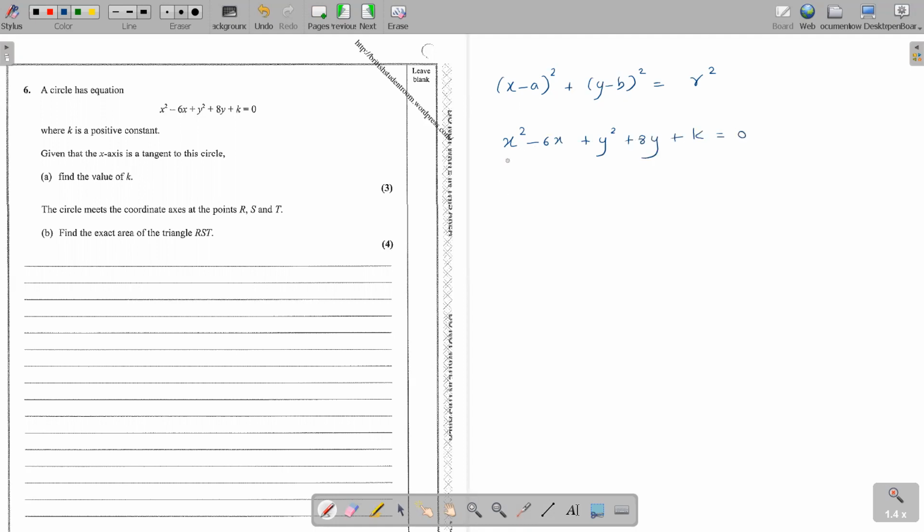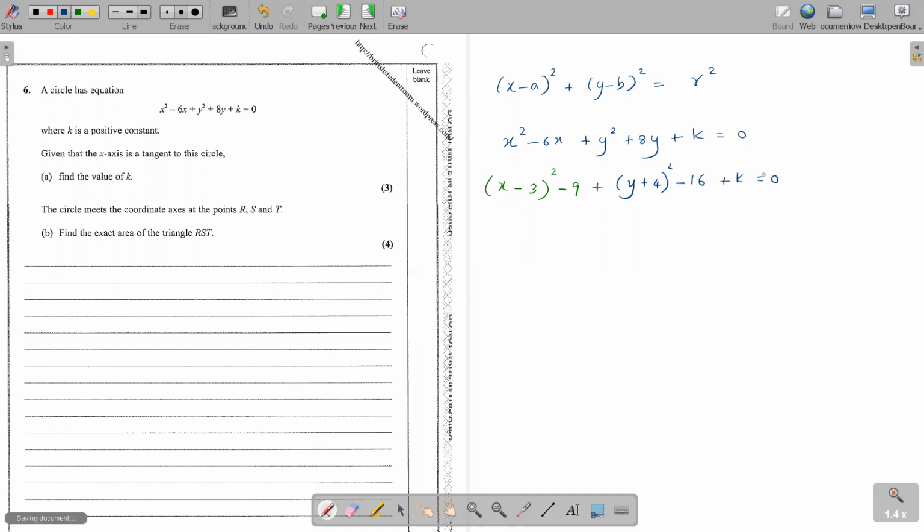So I'll be taking these two and I'll complete the square. So (x minus half the value of 6, which is 3) squared, minus the square of 3, which is 9. And then I'll take the next two. So y squared plus 8y. So (y plus half the value of 8, which is 4) squared, minus 16 and plus k, right?